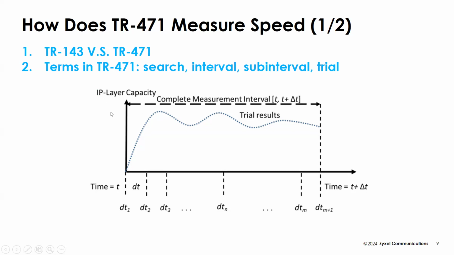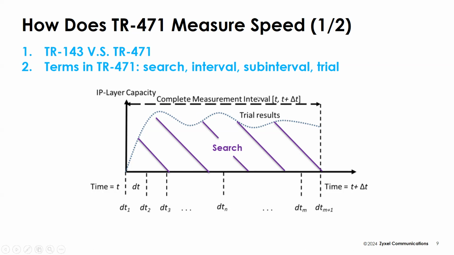The first one is a search. A search in TR-471 refers to a single measurement like this, and it represents the result of an entire TR-471 test. When a search is finished, we can get the maximum capacity value during the entire test interval like this. The search will also provide us information such as the corresponding packet loss and the delay values.